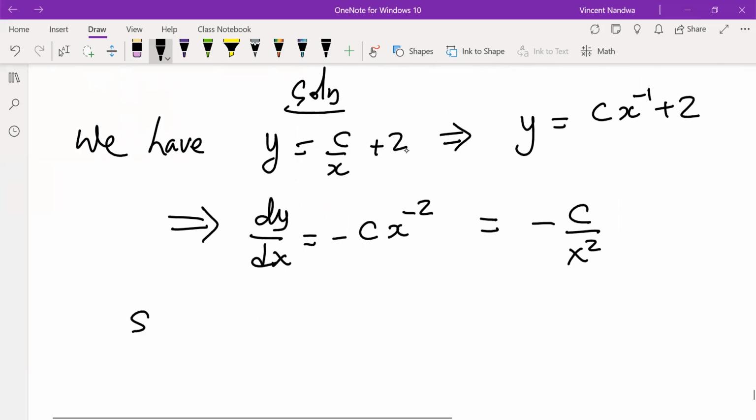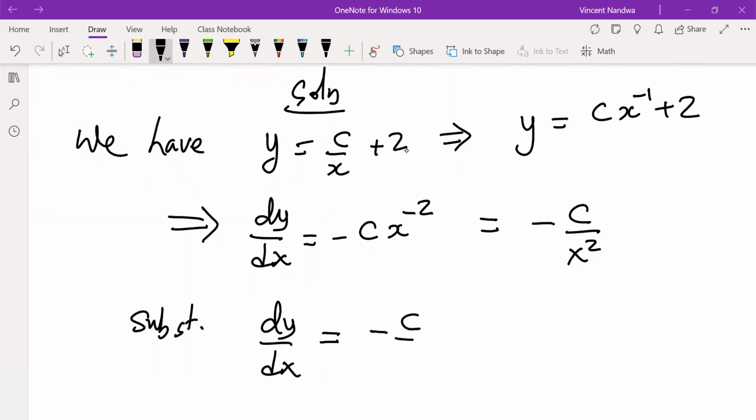So this is what we have, which is the same as negative c over x squared. So substituting into dy/dx, we get negative c over x squared. So this is what we have as our differential equation.